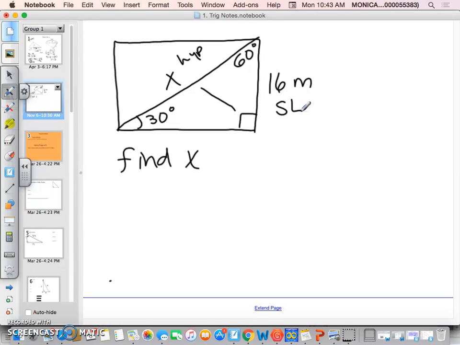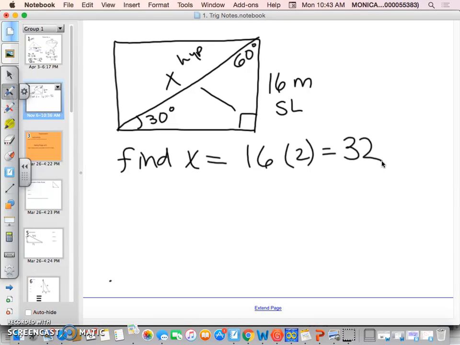What it says on your notes is that for a 30-60, if you're looking for the hypotenuse, you just take 2 times the short leg. Since we know the short leg is 16, you just take 16 times 2, which equals 32. So the hypotenuse in this case would equal 32.